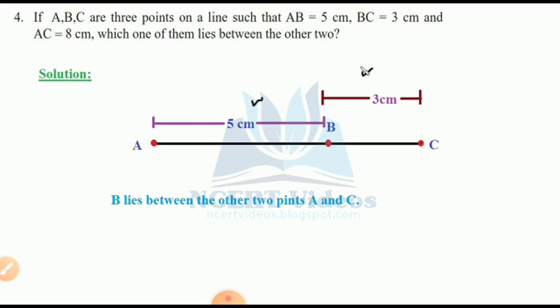So we can say A, B, C are continuous, and AB and BC are lying in AC. Is it? Yes. B lies between the other 2 points A and C.